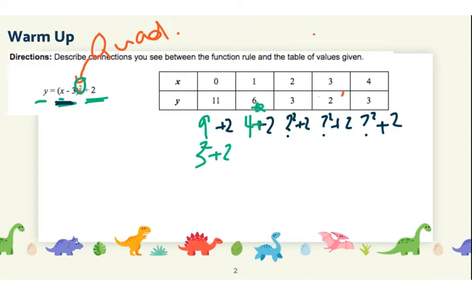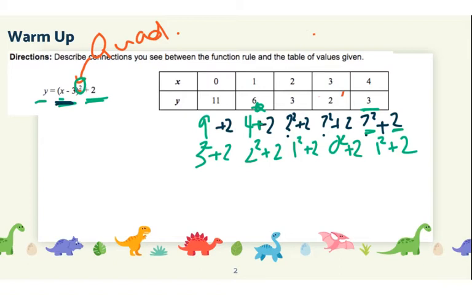Okay, so I could write that as 2 squared plus 2. Cool. All right, so then let me follow that pattern. 1 squared plus 2. 1 squared is 1, plus 2 is 3. Cool. 0 squared plus 2. And for this last one, that would be 1 squared plus 2 again, right? Because 1 plus 2 gives me 3.